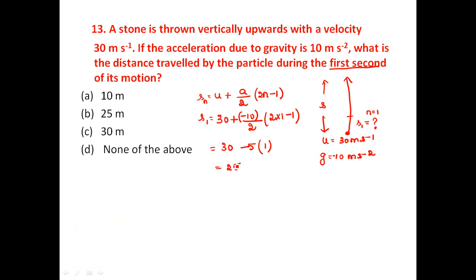You will get 25 meter as the answer, right? Since acceleration due to gravity is minus 10 meter per second square for an object that is moving vertically upwards, hence we are going to substitute the value of a as minus 10, and hence distance covered in first second of its motion is 25 meter. What is the correct option among the four given options? It is option B.